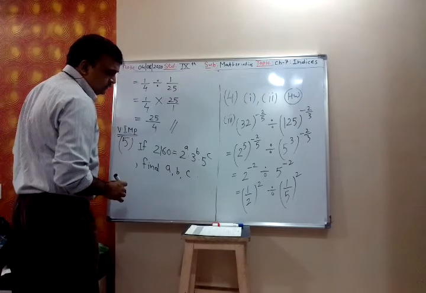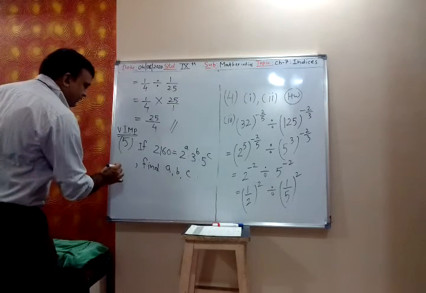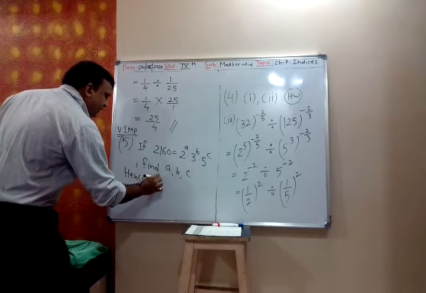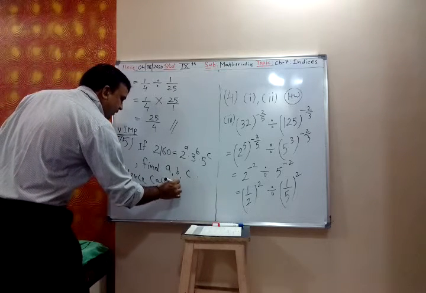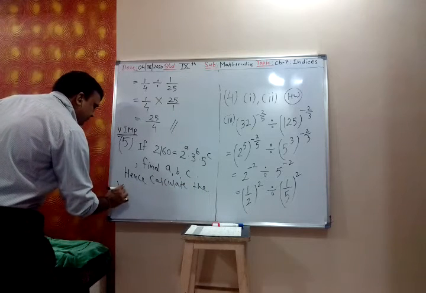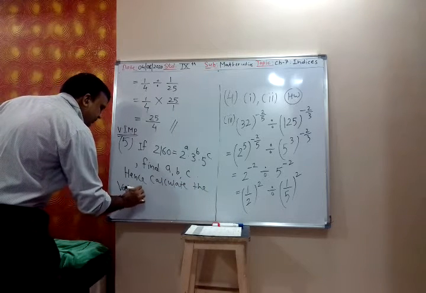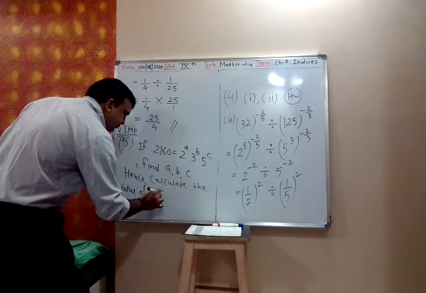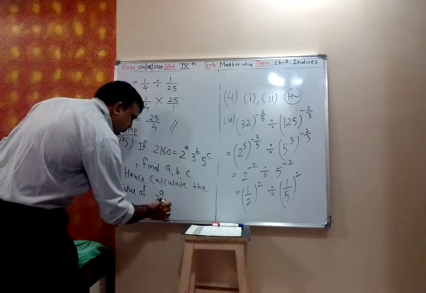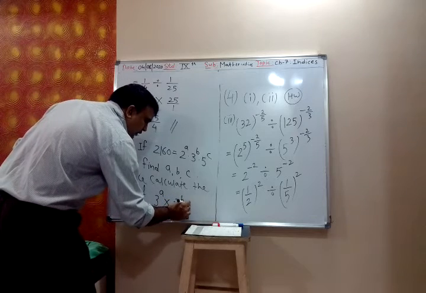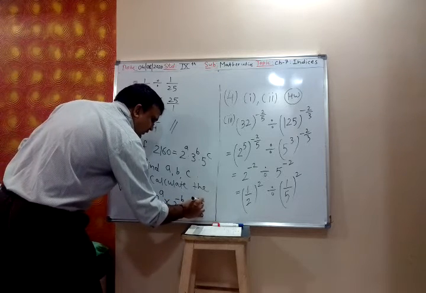Further, hence calculate the value of 3 raised to a into 2 raised to minus b into 5 raised to minus c.